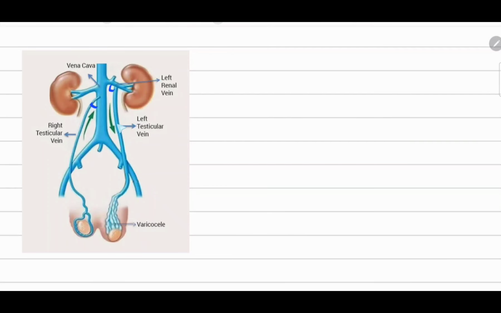As this left one opens into the left renal vein at right angles, the venous pressure is high in this left testicular vein. The first point is what you have to write in examination.